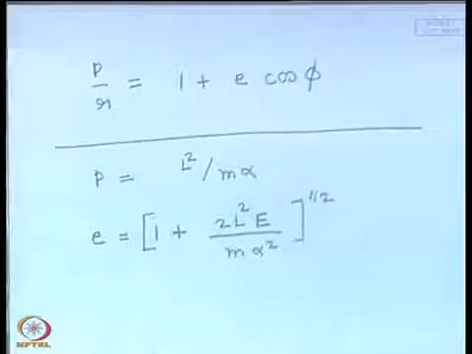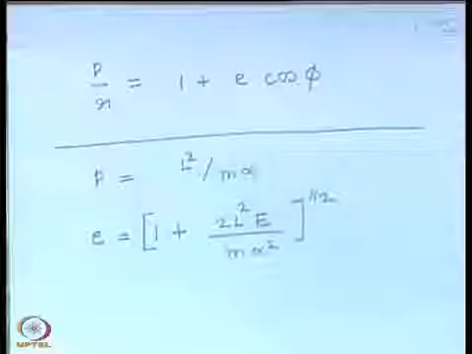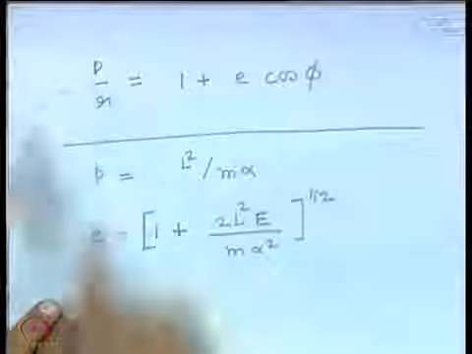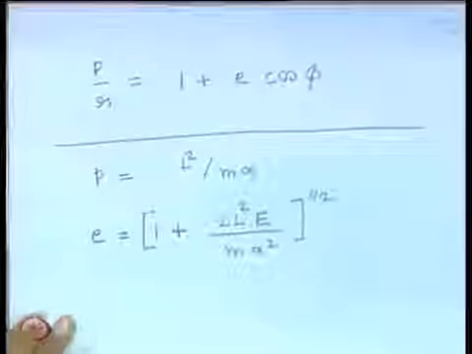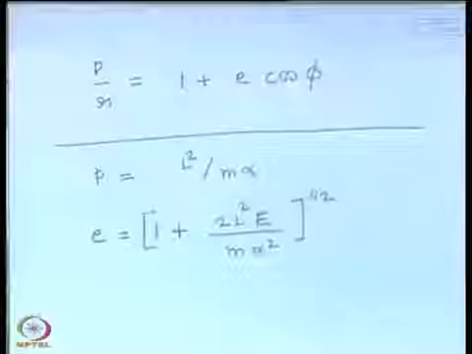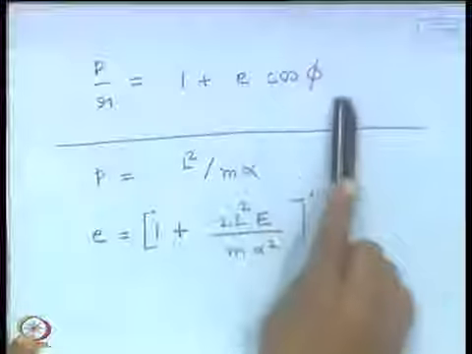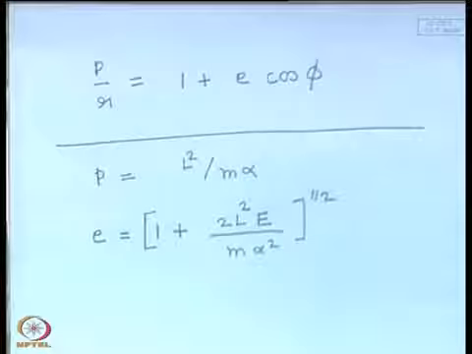This is just straightforward algebra, I am not going through it. Okay. So, this is the orbit of the reduced mass under the central force motion, which is gravity. Okay. So, let us now spend a little time interpreting what we have just worked out.